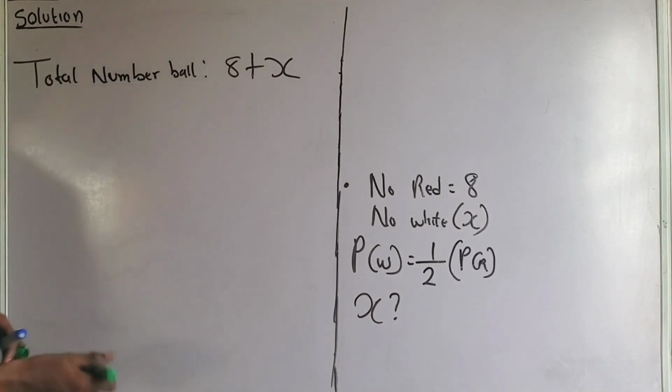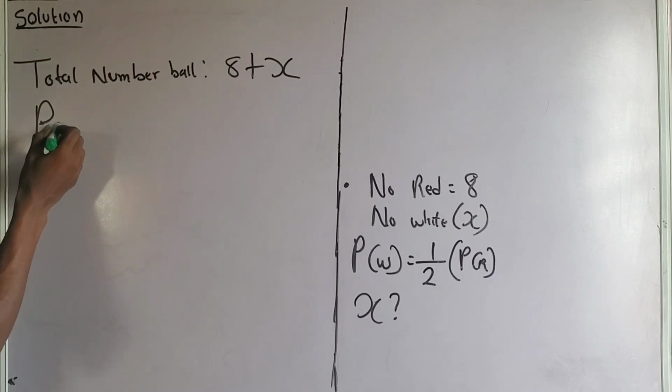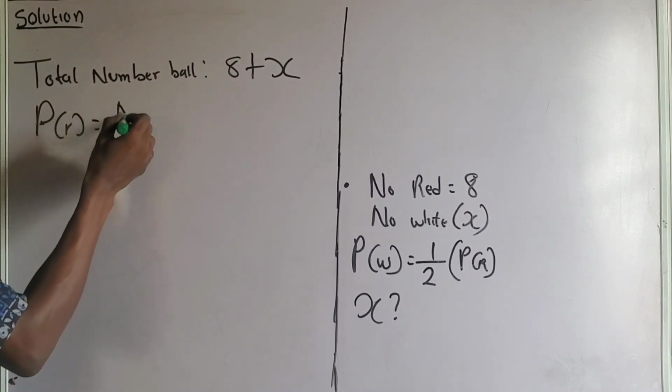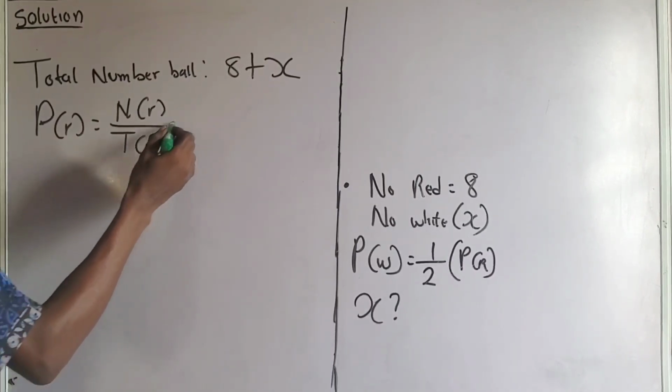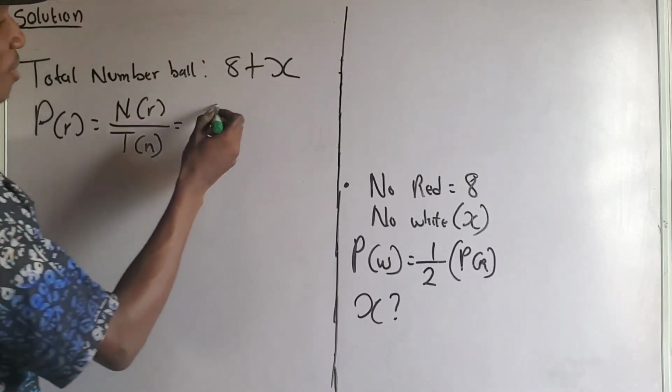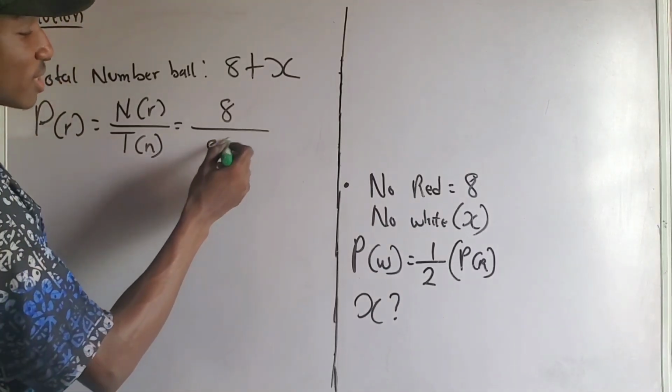Now, the probability of red ball will be equal to the number of red balls all over the total number of balls. The number of red balls is 8, and the total number of balls is 8 plus x.